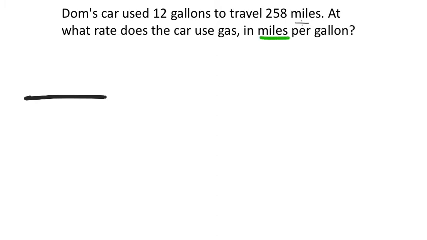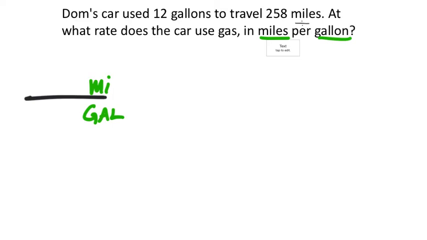The first quantity is miles. That's going to be our numerator. Miles in the numerator, and then gallons will be in our denominator. Now again, if you get these flipped, it won't matter as long as you understand what the unit rate is on this one. And it is asking for a unit rate because this is asking in miles per gallon.